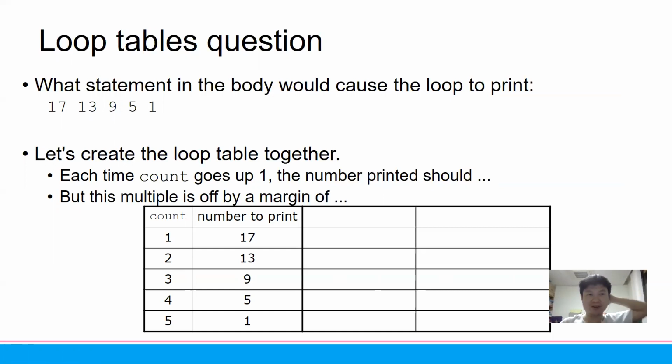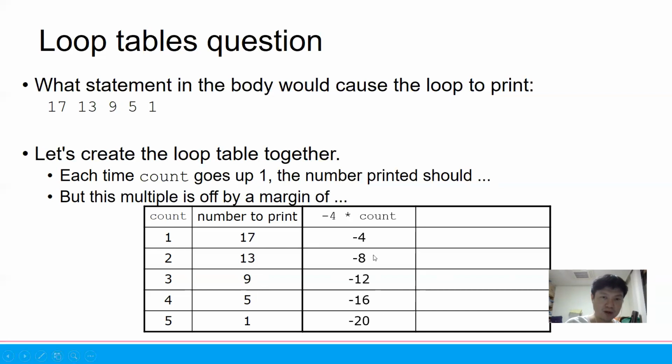It depends on the number. Let's say the numbers to print are 17, 13, 9, 5, 1. So let me just give an example. Let me multiply with -4. So, oh sorry, let's multiply with the variable count.